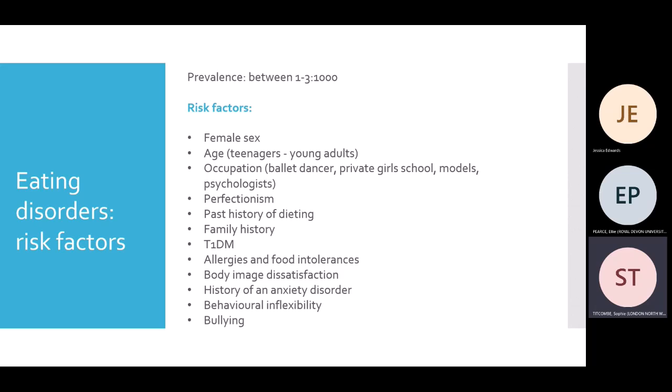Type 1 diabetes mellitus, allergies, and food intolerances are risk factors more particularly for patients who have ARFID, as opposed to those who have anorexia, bulimia or binge eating disorder. Again, body image dissatisfaction, history of an anxiety disorder, behavioural inflexibility, and history of having been bullied all increase the risk of a patient having an eating disorder.